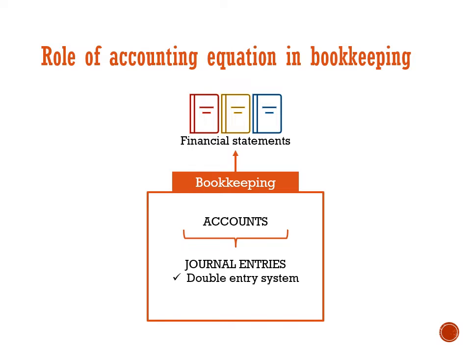The way we do the journal entry for each transaction is by applying the double entry system that ensures the balancing of the accounting equation. So that is basically the overview of how bookkeeping and accounting reporting work. In this topic, however, we will only be discussing the accounting equation, an equation that ensures correct recording in bookkeeping.